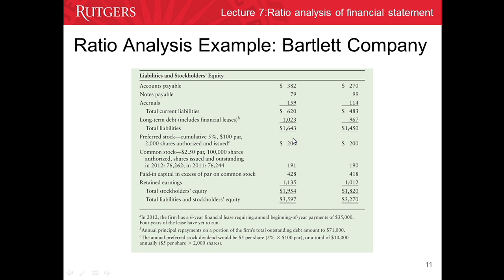So we just use the total stockholders' equity minus the preferred stock to get the common stock equity, which equals $1,754,000.